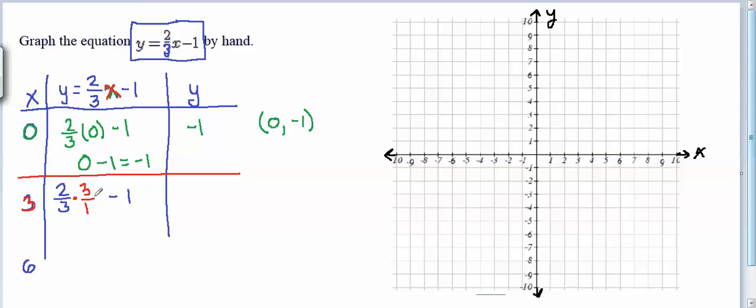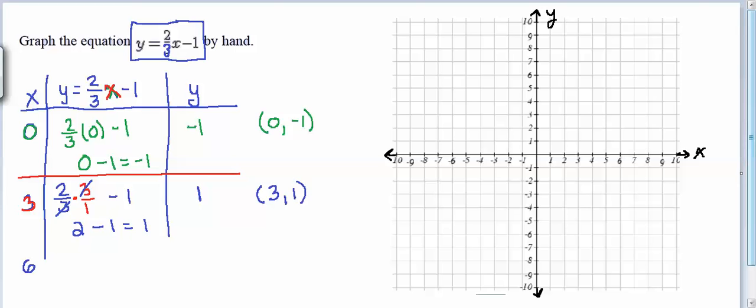Now notice when I multiply fractions, I multiply top and bottom, so I could do that, or I could notice there's a 3 in the denominator and a 3 in the numerator. These cancel out, and really what I have is 2 over 1. So 2 over 1 is just 2, so what I'm getting here is 2 minus 1. 2 minus 1 is 1. So there's my next ordered pair, 3, comma 1.